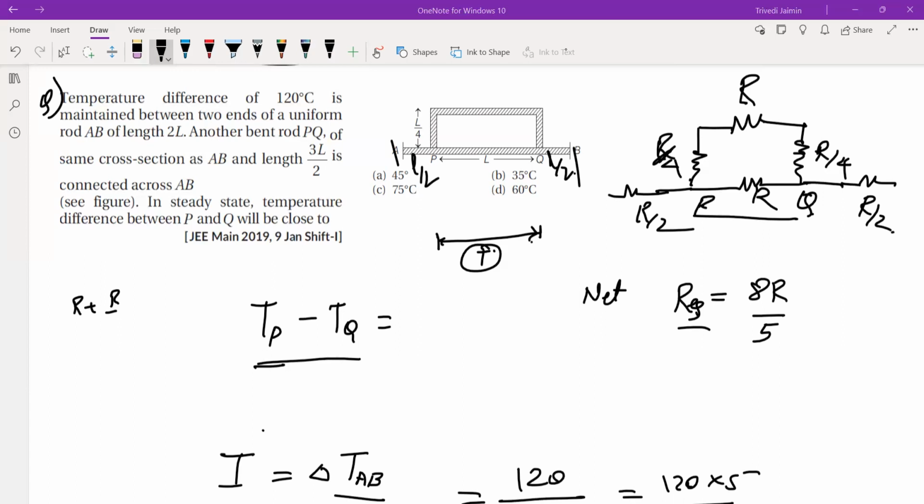Am I audible? Sir, I got 8R by 5 only, PQ resistance. There is net resistance, no? 8R by 5, that's net resistance total A and B. What was PQ? Okay, I'll solve that again.